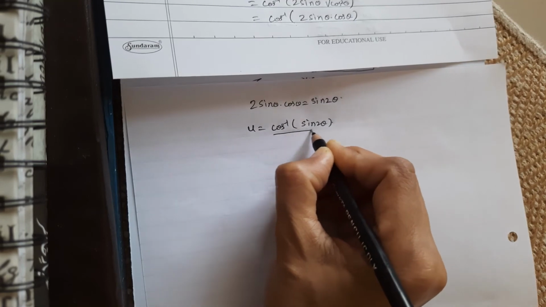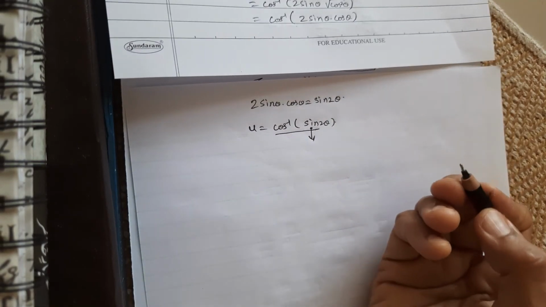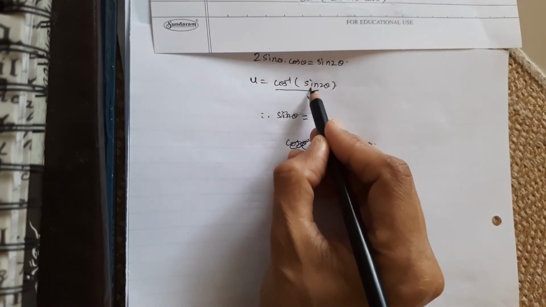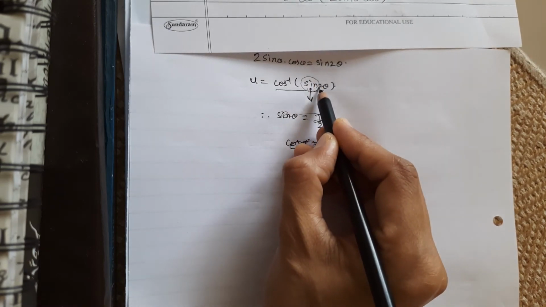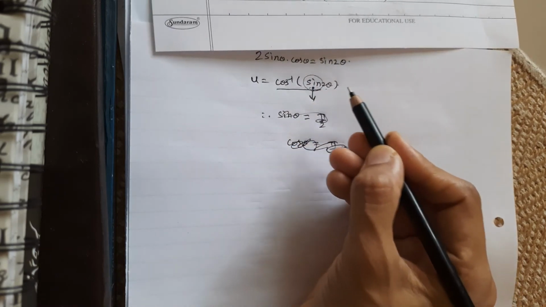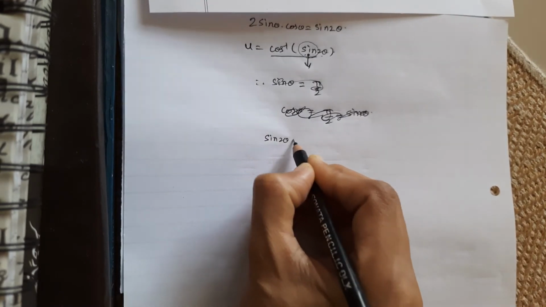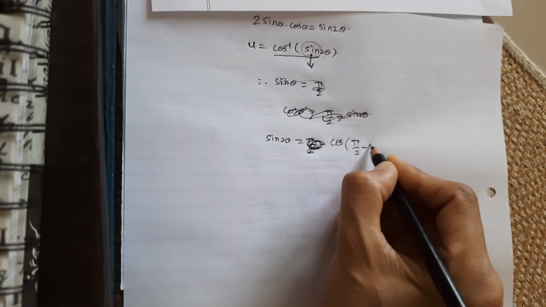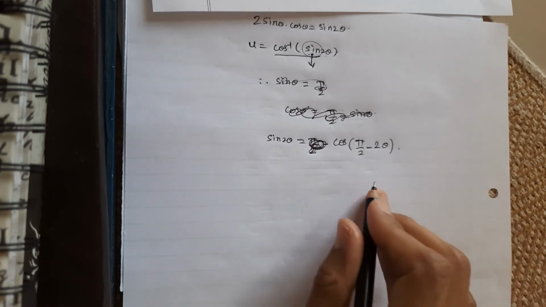Now to simplify this, I need to convert this into the cosine function, so that cos inverse of cos of something will get cancelled. So I need to convert this sine into the form of cos, and sine and cos are complementary. So that's why this sine 2 theta can be written as cos of pi by 2 minus 2 theta.